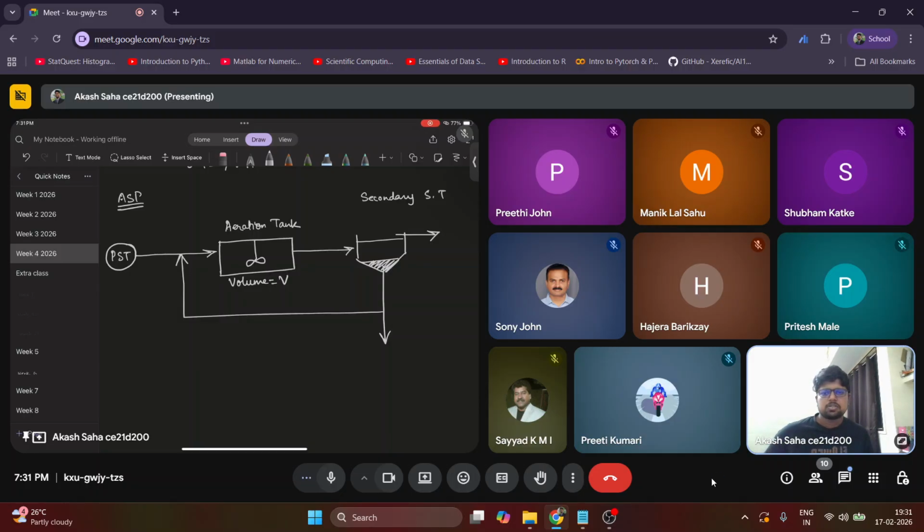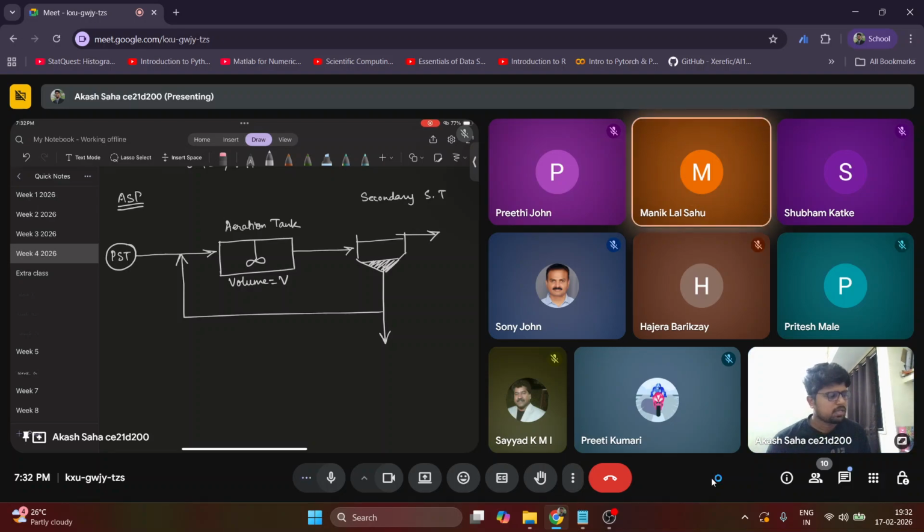Okay, is this clear? So can someone tell me why this recycling of sludge is required? For the growth of microbes? Yes, bacteria.